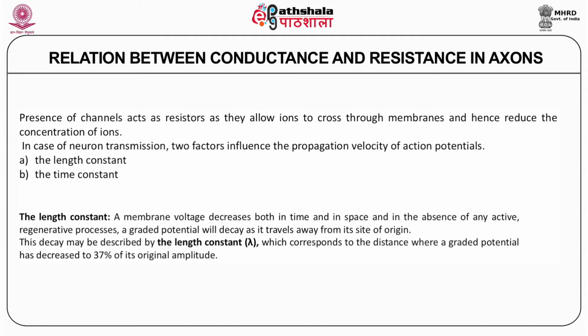Number one, the length constant. This decay may be described by the length constant, which corresponds to the distance where the graded potential has decreased to 37% of its original amplitude.